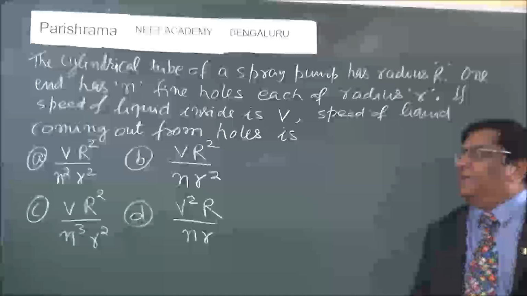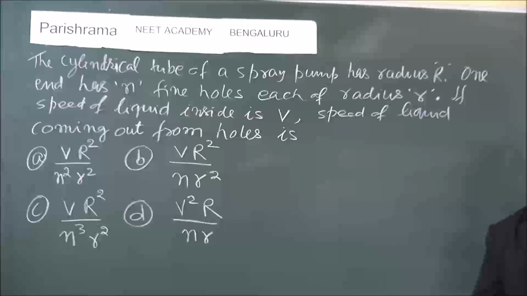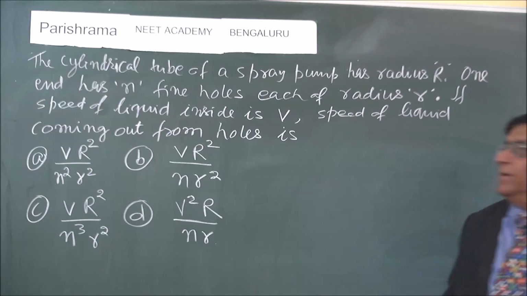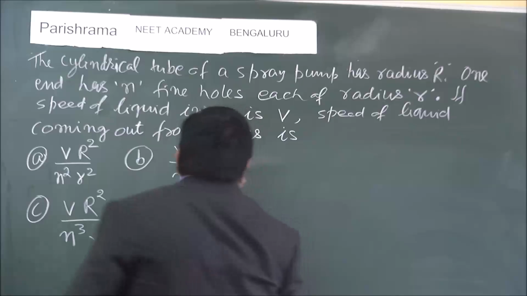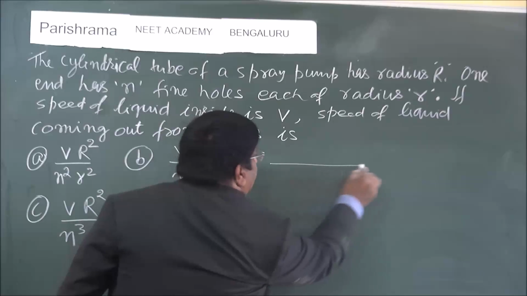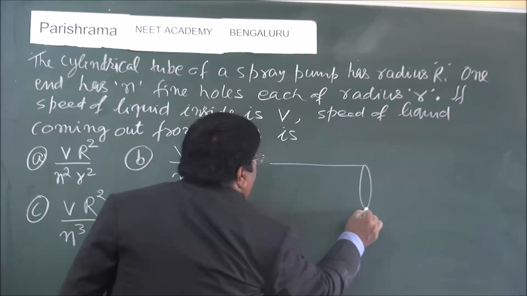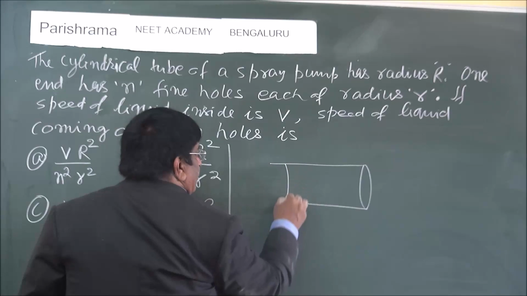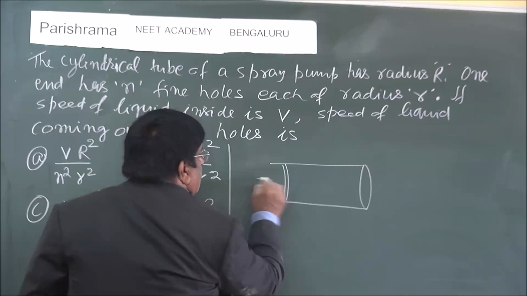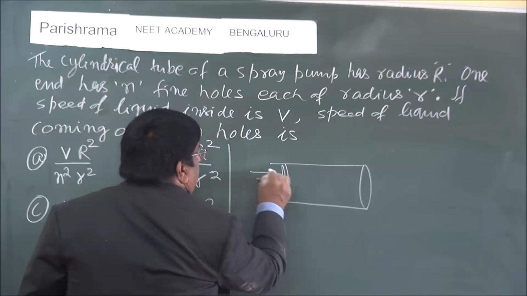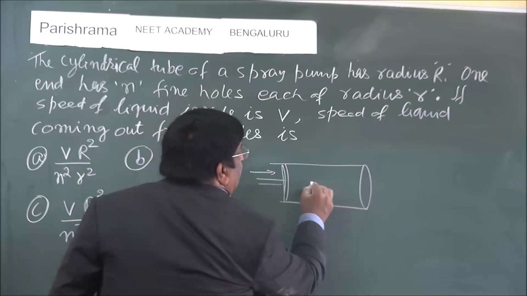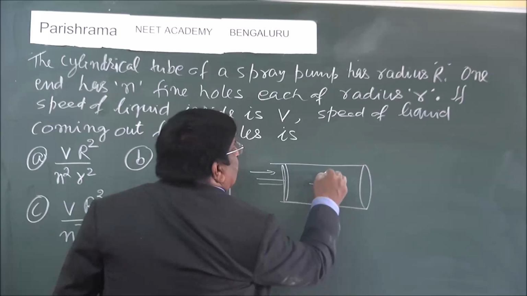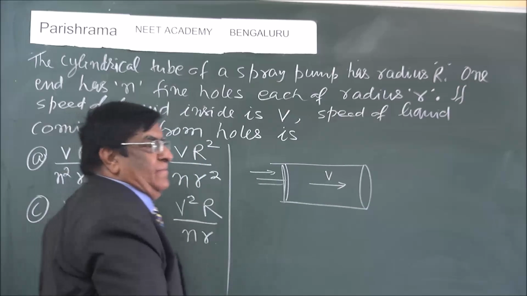Please see this question and tell me what's happening in this. There is a spray pump, right? In the spray pump, this is a large tube in which pressure is created. So from here, the fluid is going with a velocity v.